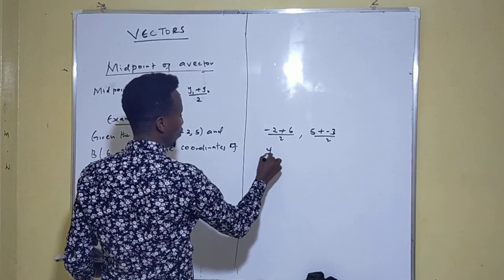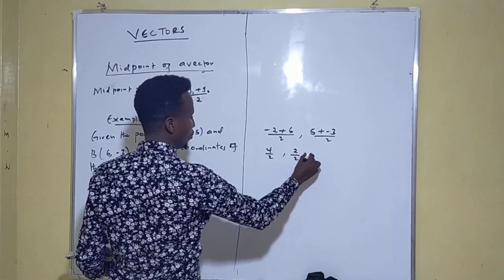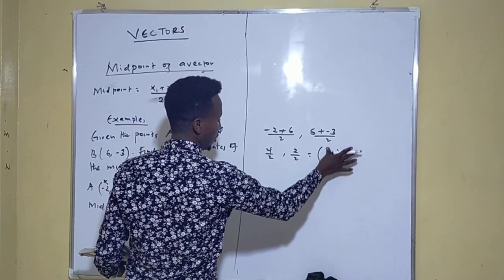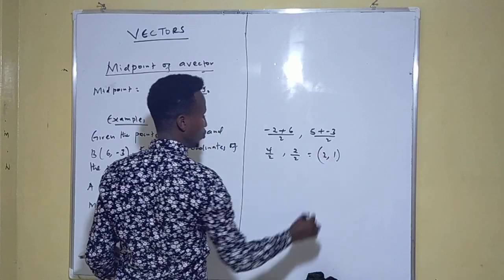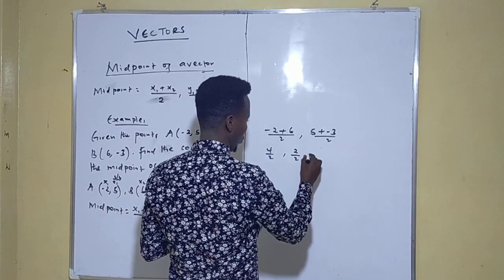So this will give me 4 divided by 2, comma, 2 over 2. This will give me 2, 1. So that's the midpoint, 2, 1.